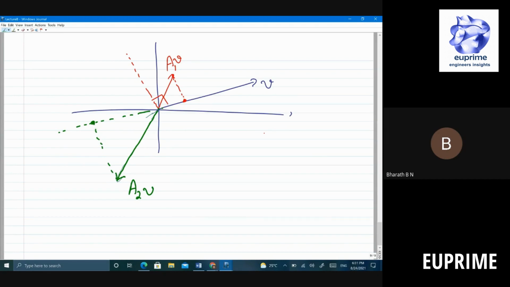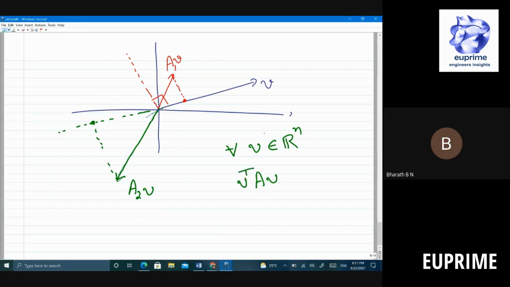Now suppose this matrix is such that you take any vector V, operate A, and it will not rotate more than 90 degrees. Suppose I choose such a matrix. What is the situation? For any V in Rn, or R2, if you look at AV and its inner product with V, what is the inner product?